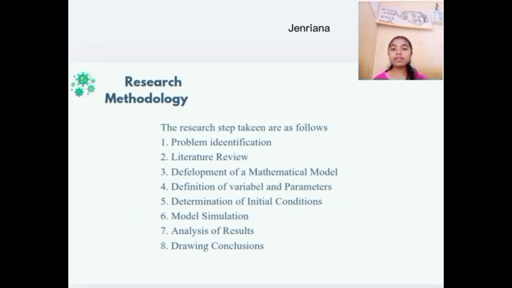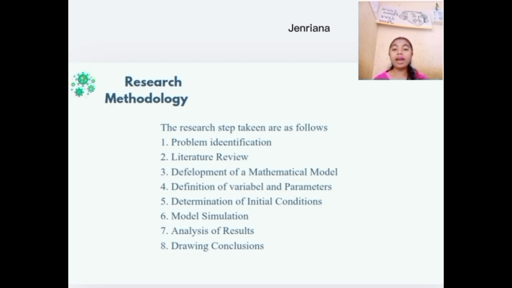Next, let's talk about the research methodology. This study uses a quantitative method with a mathematical modeling approach. Our main goal is to analyze the spread of dengue fever by considering how the mosquito population changes due to seasonal factors. We do this research in 8 main steps.